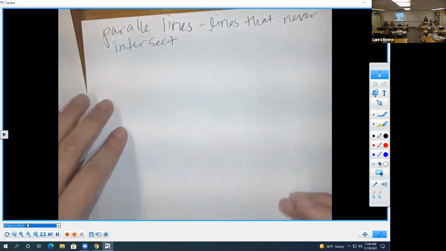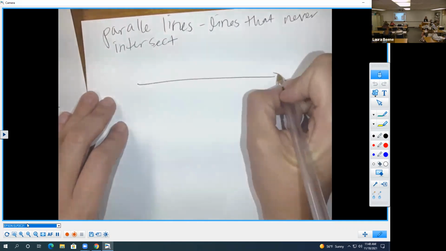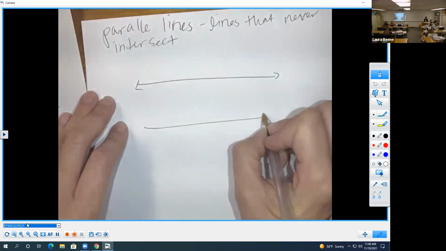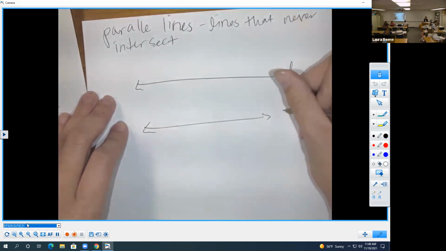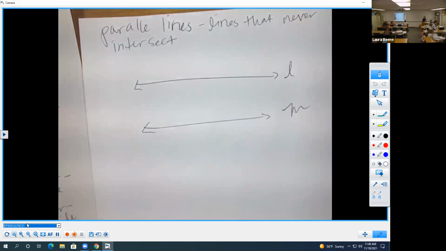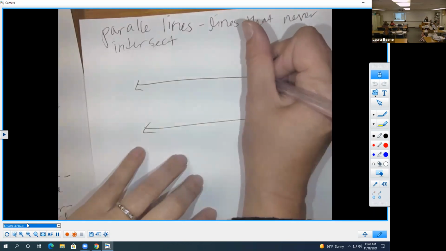So for example, if I have line L and line M is parallel to it, let's call this line L, I call this line M. Those don't look very parallel. What's the little sign that shows that they're parallel? You can put little dashes. Lots of times you'll see an arrow.